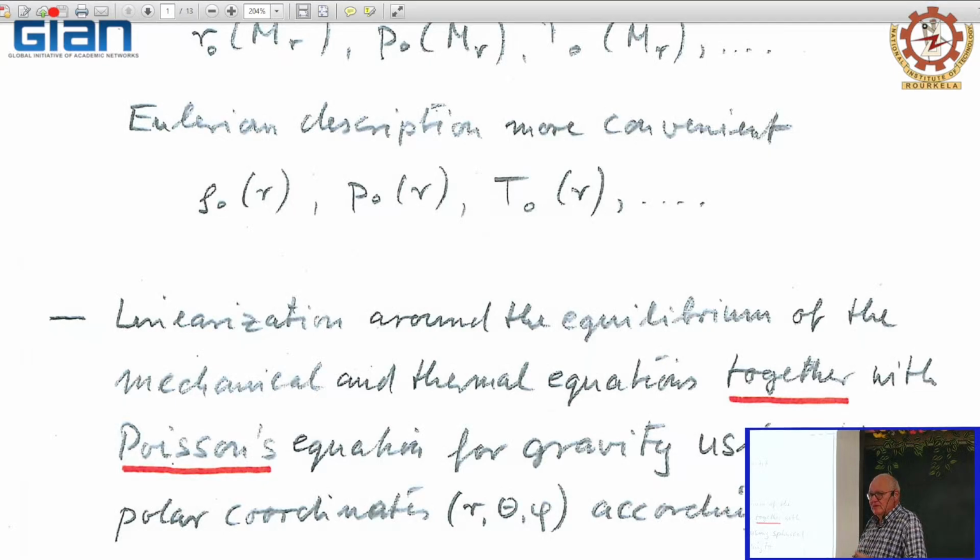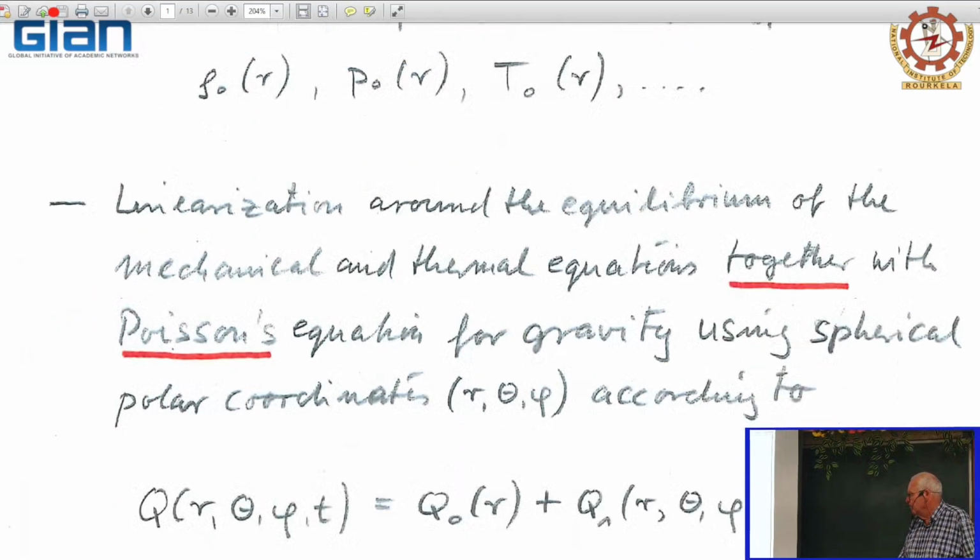And we have to admit that we now have a three-dimensional perturbation. That means the perturbations depend not only on the radius and the time, but also on the angles theta and phi. It's convenient then to use spherical polar coordinates for describing the situation, and that means we write our quantity in the following form.